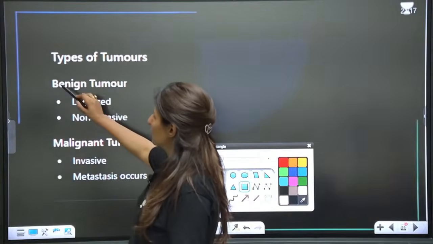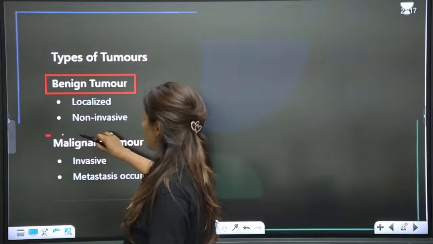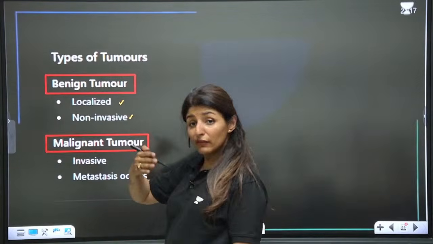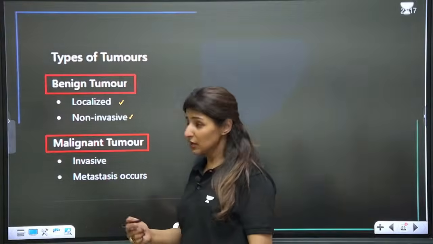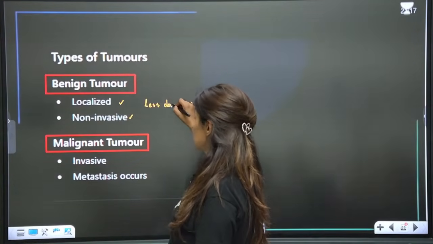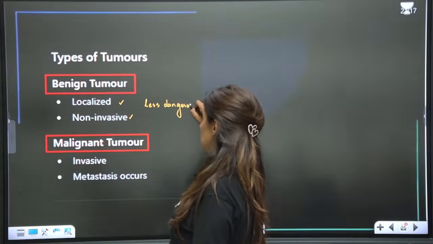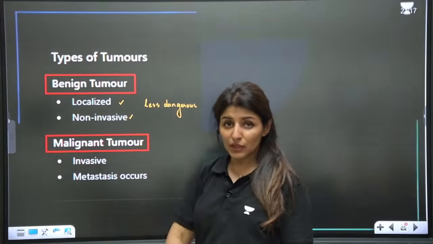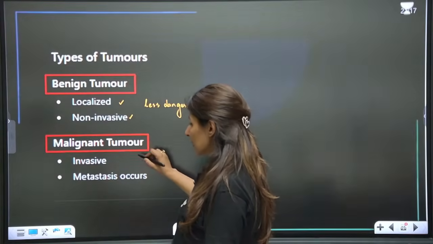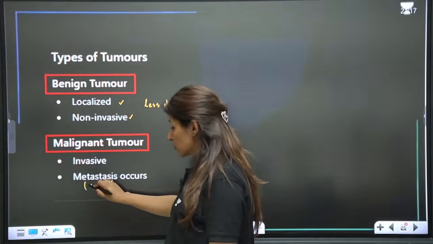Now, types of tumor. So we have benign tumor and we have malignant tumor. What is the difference? Benign is localized, so it does not invade the neighboring or the distant tissue. So it is relatively less dangerous. Rest, it depends on the tissue which is infected, because in the brain even a benign tumor can be life-threatening. Is that clear? Then malignant becomes invasive. It spreads to the other tissues.